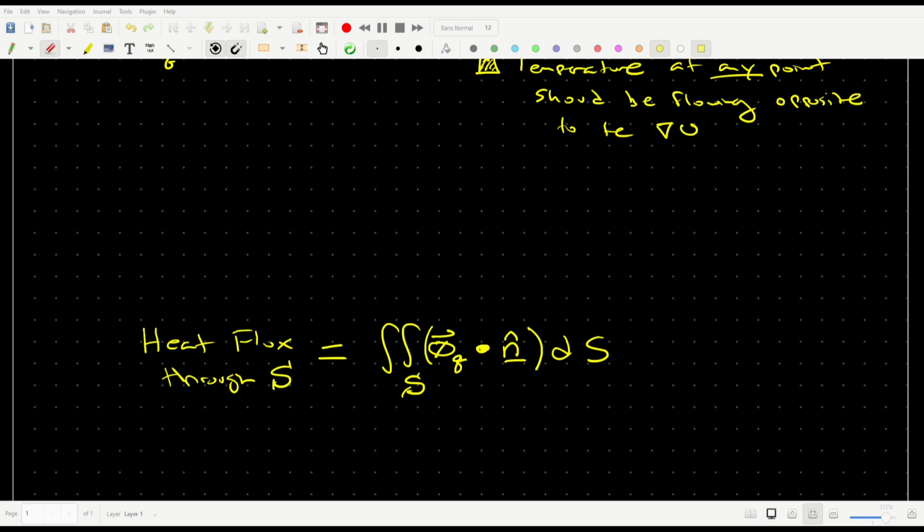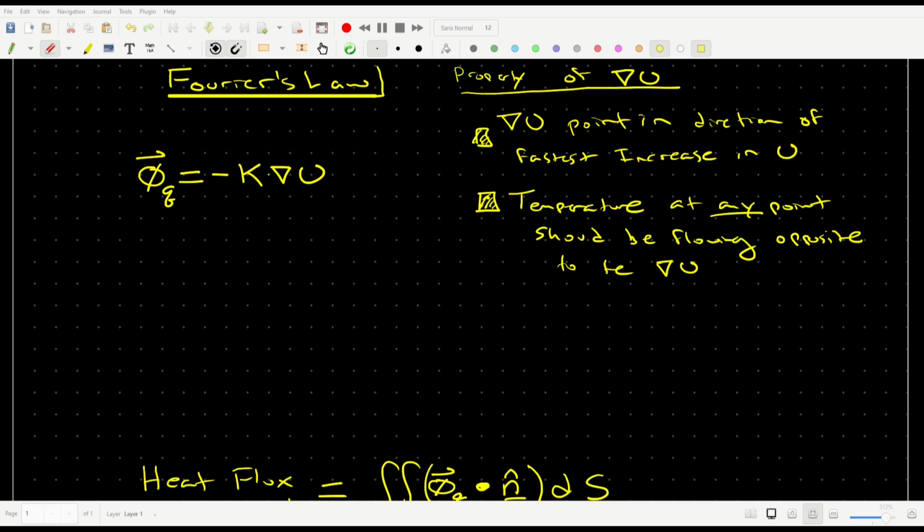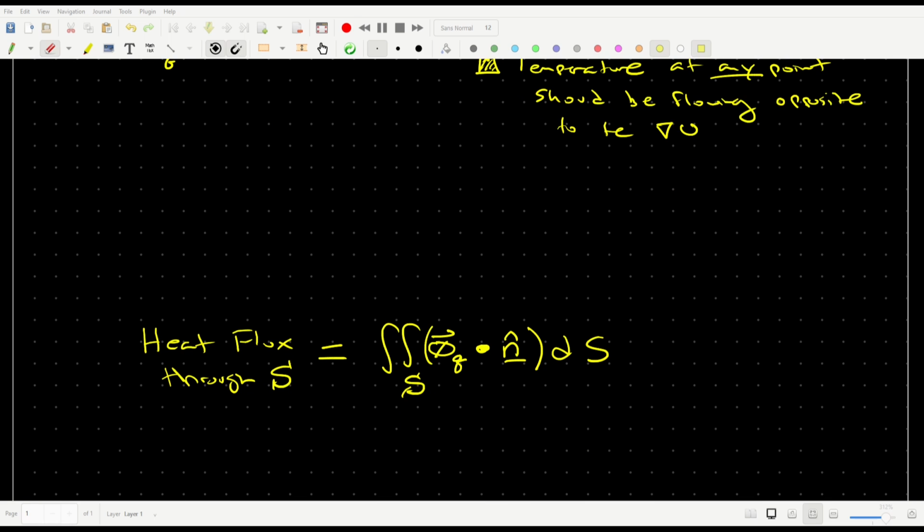It doesn't have units. ds, because this is a surface area integral, you're always going to pick up units of area with this ds right here. And that means that the value of this vector has to be measured in something that will give us units of a heat flux. And a heat flux is really a rate of energy change through the surface with respect to time.